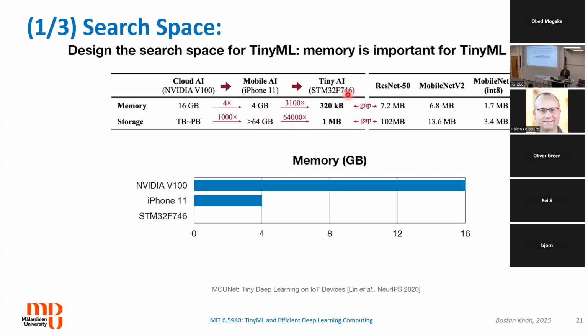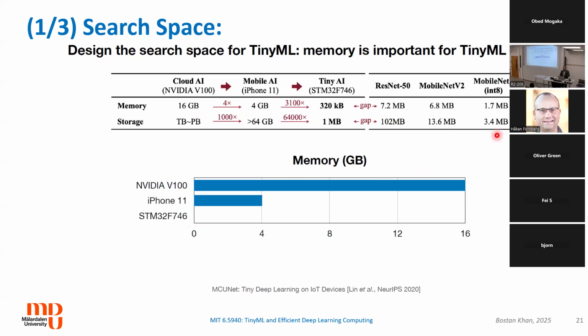Then we have these tiny STM32 type devices that have 320 kilobytes of memory and 1 MB storage. And the gap between these edge devices and the models that we have, ResNet 50, MobileNet V2, and the quantized version of MobileNet V2, is really huge if you look at it, right?